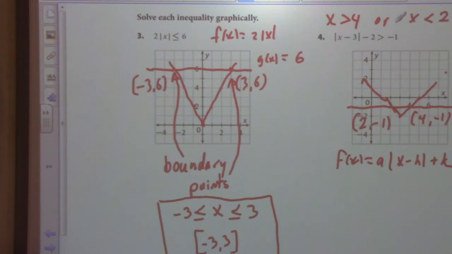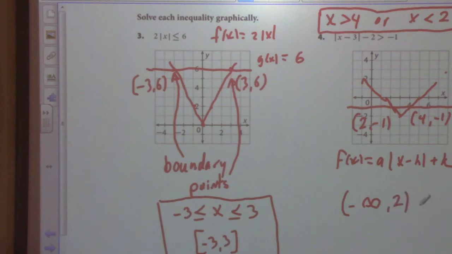And do we need to have an equal to then? No. So this will be our answer here. And interval notation is going to look like negative infinity to 2 union 4 to infinity. I don't know which way you like better.